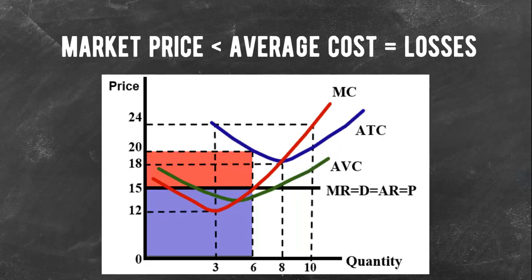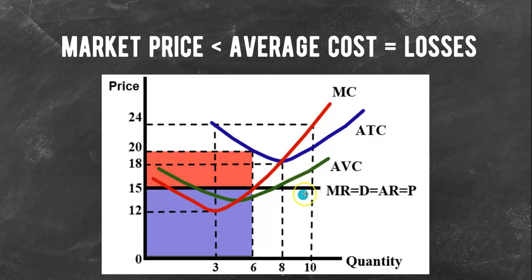If for whatever reason the price is below average total cost, the firm is losing money. And so even if it's losing money, if it's still above your average variable cost, it's worth continuing to produce for now, because at least it can cover its basic operating costs, and it's going to lose less than if they stopped or shut down completely.